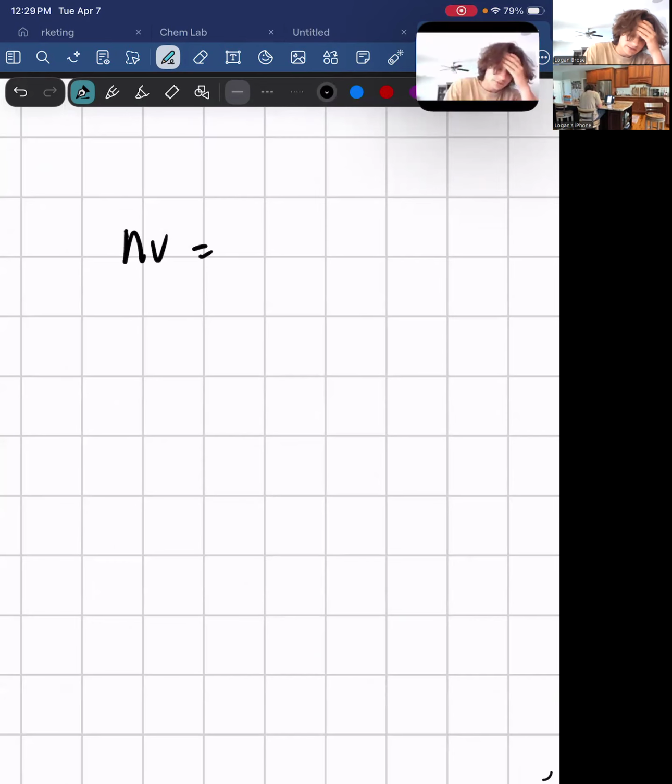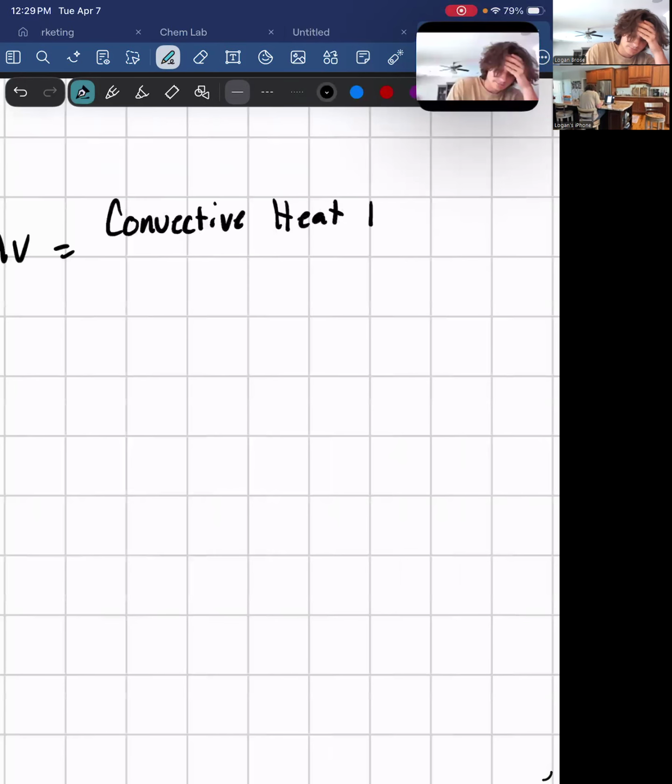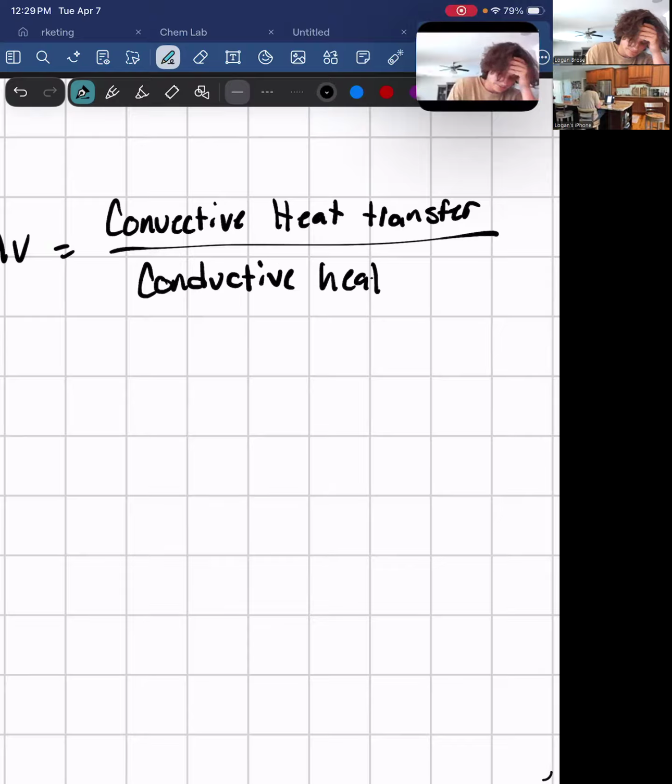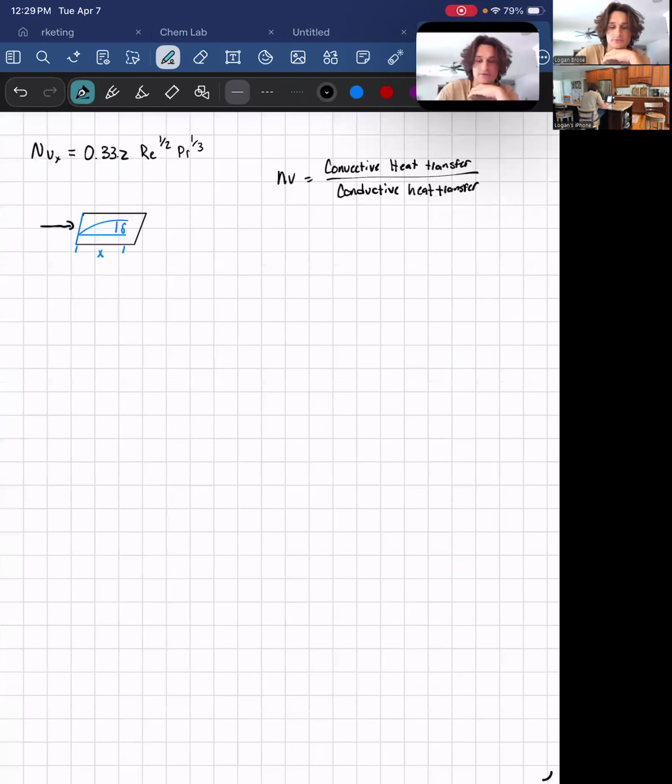Where the Nusselt number is the convective heat transfer over the conductive heat transfer, we know both of these values.